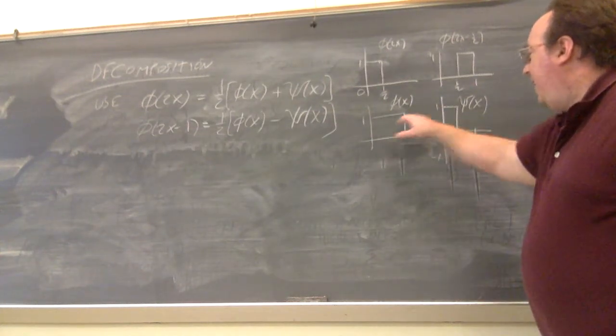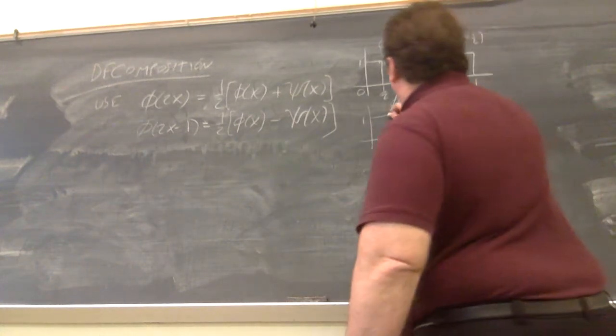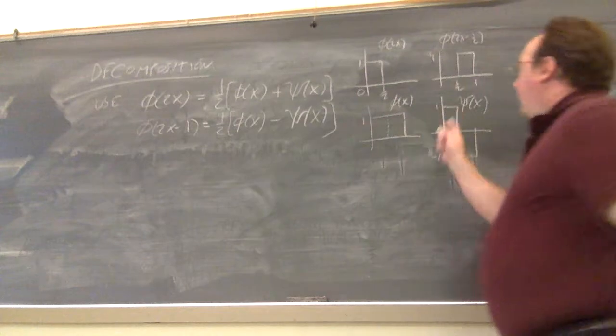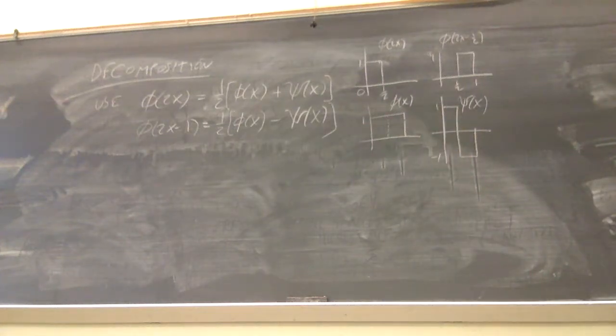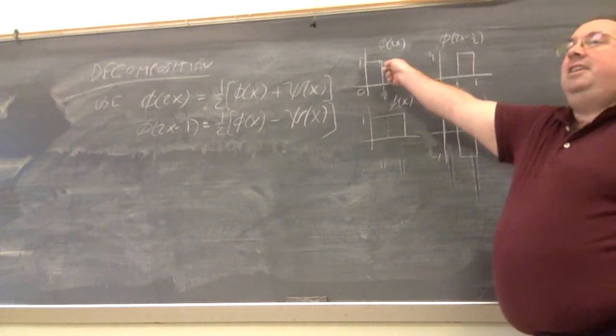The left halves, so I'll draw a dotted line here, will add together and give us 2, and then we divide by 2. The right halves cancel, so then we have nothing here.